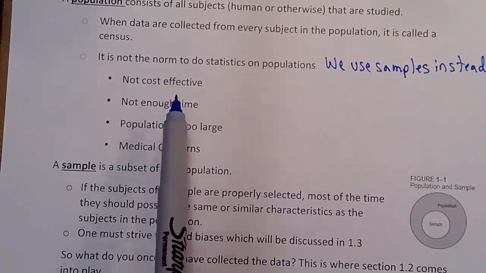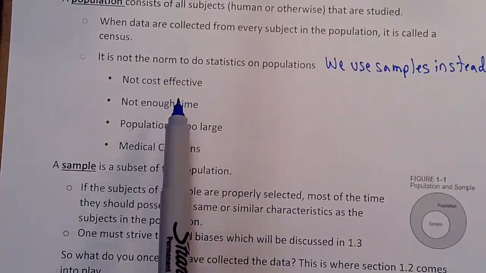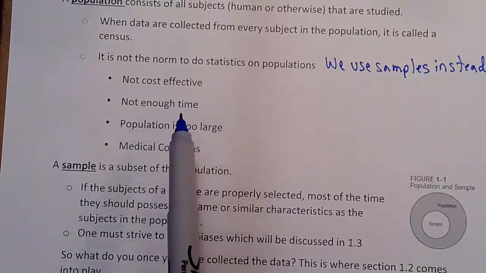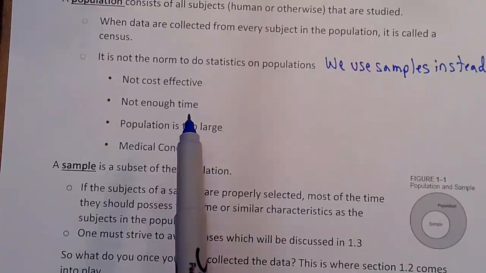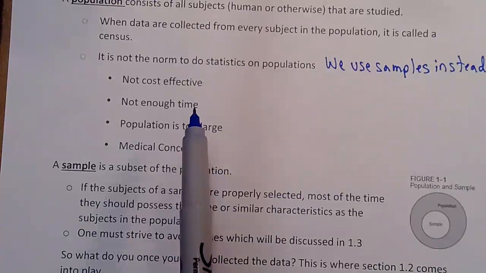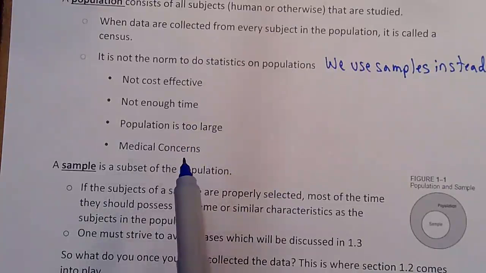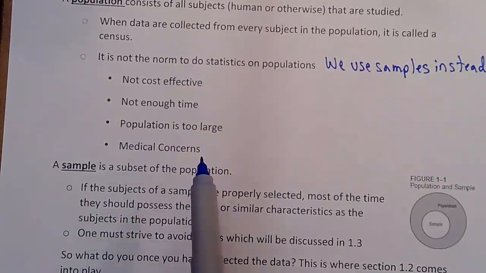It would be just too expensive to test every single person in the population. And there's not enough time to capture each individual. Population in most cases is very large, too large, and there could be some possible medical concerns related to that also. But it's not the norm to do statistics on population, so we make use of samples instead.